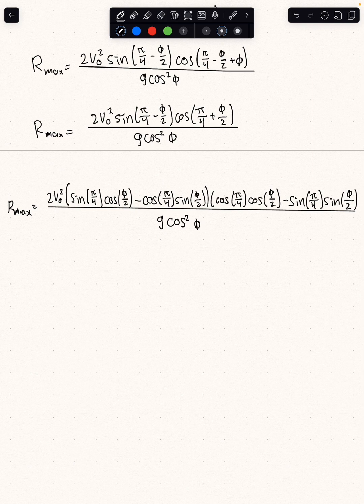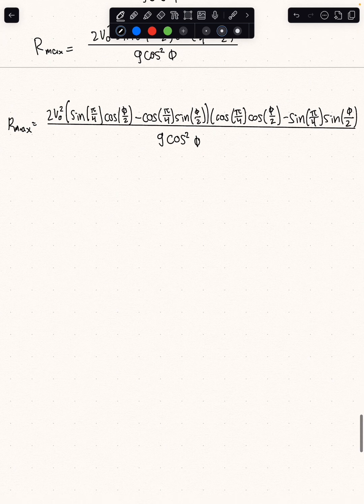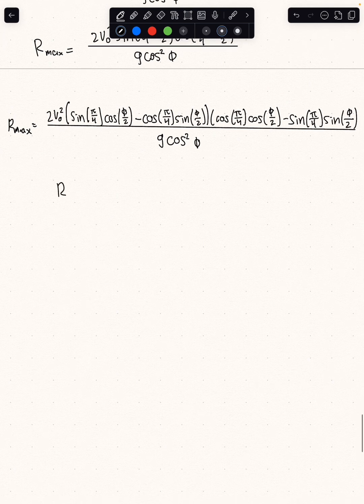This expansion was done all using trig identities. We've used quite a lot, so good practice for our trig identities.